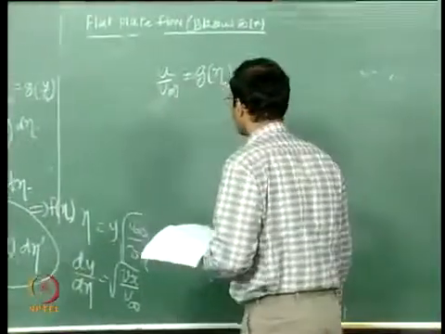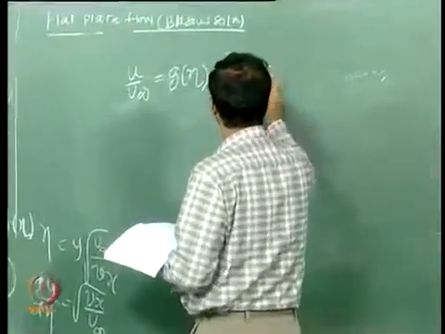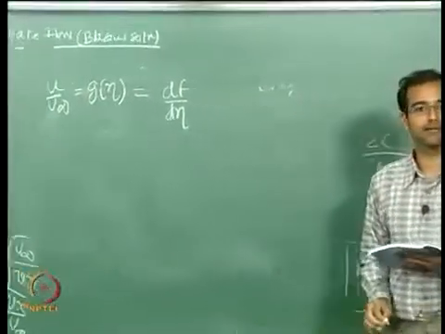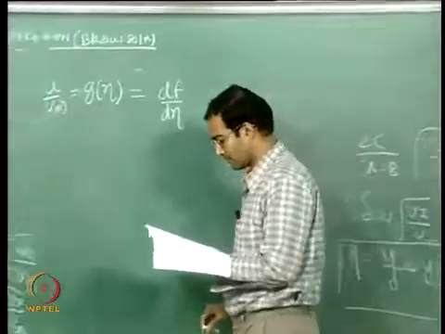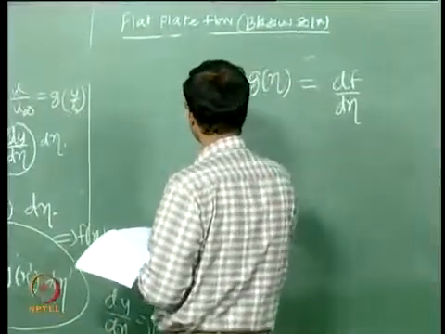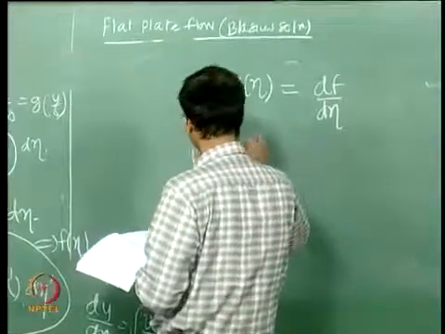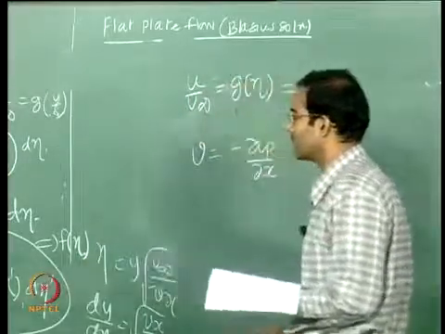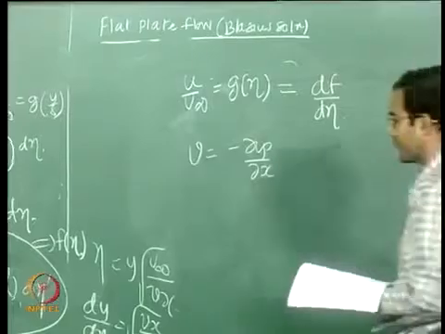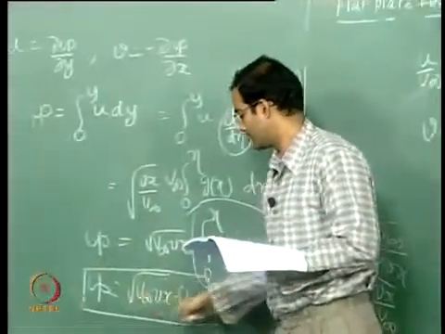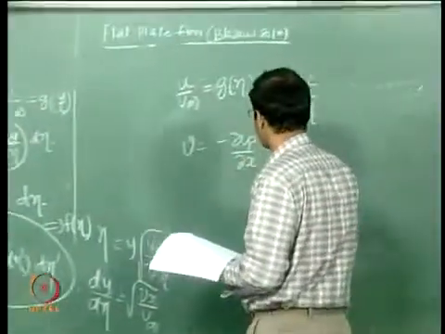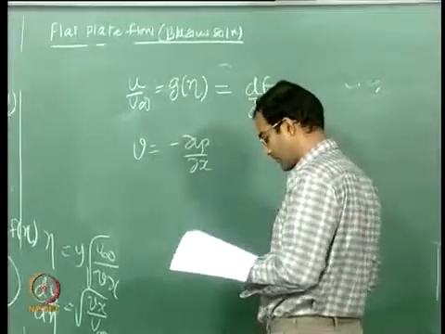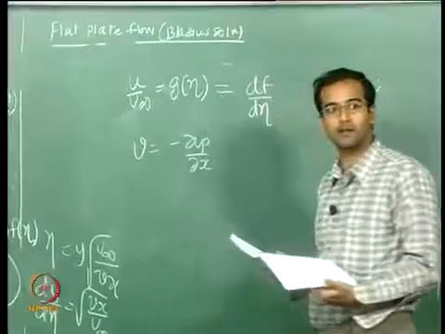So therefore g of eta has to be df by d eta, that's right. Now similarly my v velocity is nothing but minus dψ/dx. So you have psi as a function of eta, and this we have to differentiate with respect to x. You have to do this and tell me. I think with that we will stop today.